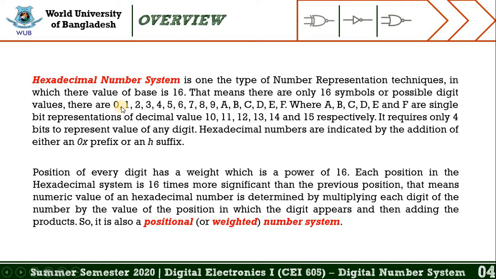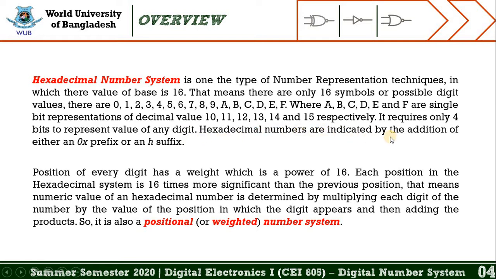They are 0, 1, 2, 3, 4, 5, 6, 7, 8, 9, and after this, 6 alphabets are used for this hexadecimal number system, such as A, B, C, D, E, F, where A, B, C, D, E and F are single digit representations of the decimal values 10, 11, 12, 13, 14, 15 respectively. It requires only 4 bits to represent the value of any digit.